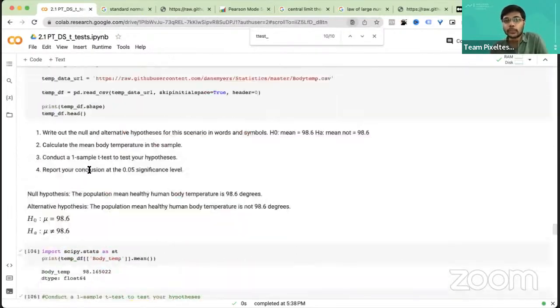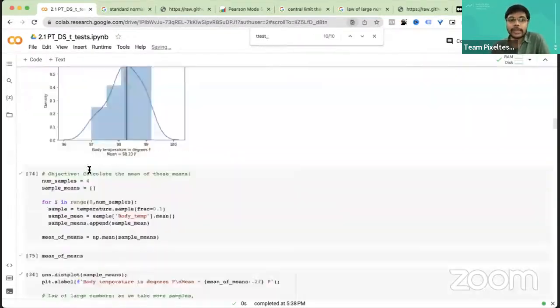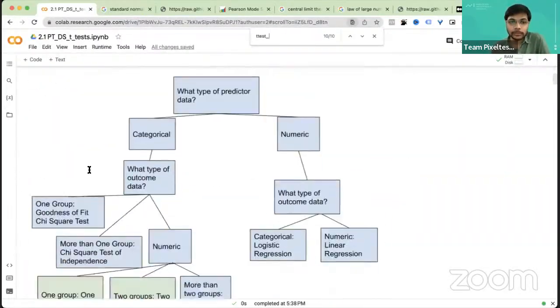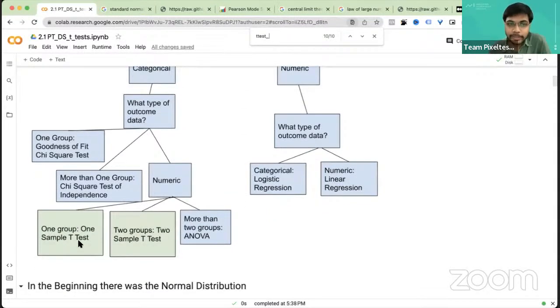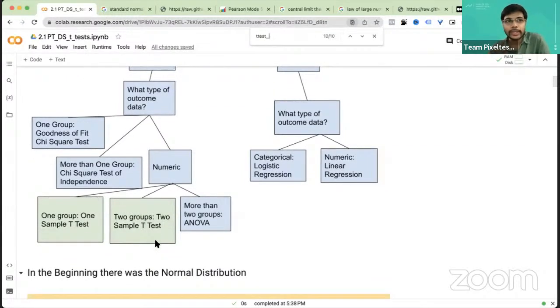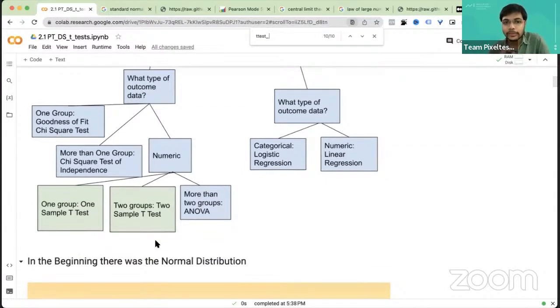So you can use both these functions to do our one sample t-test and two groups. We had two groups here, so a two sample t-test also, right? The important thing to remember is whenever your p-value is less than the significance level mentioned, then your initial hypothesis is going to be rejected.